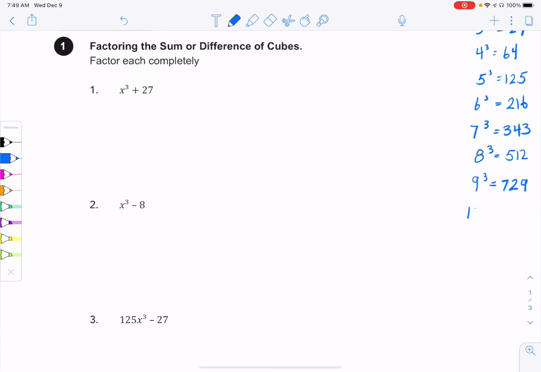And 10 cubed is 1000. Of course, this list continues, but that's enough for us to get started for the first couple examples.